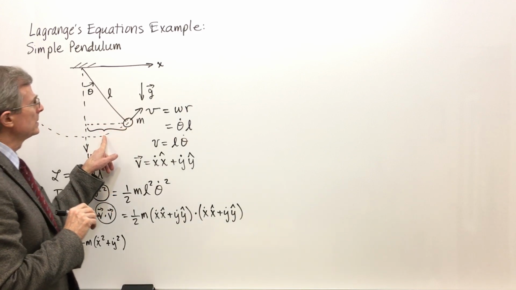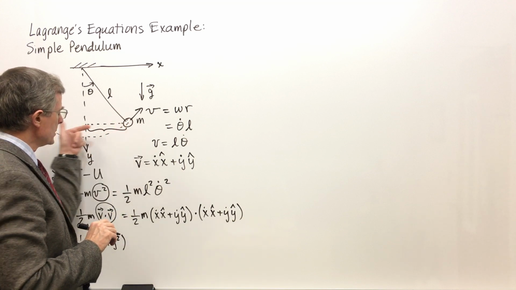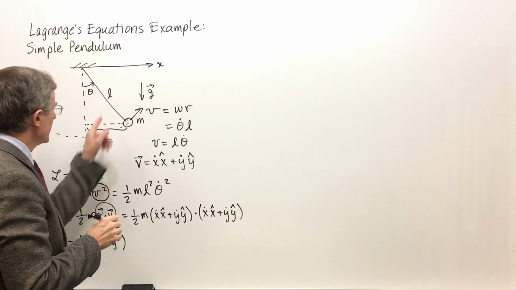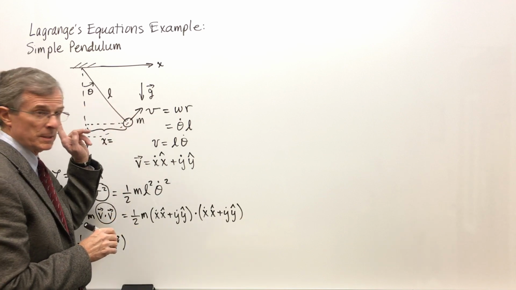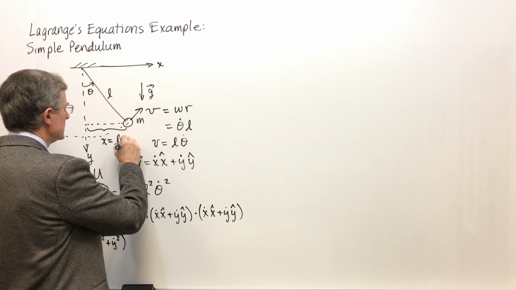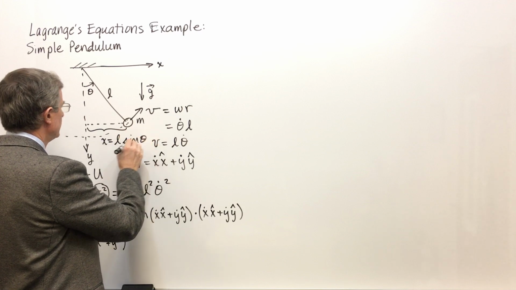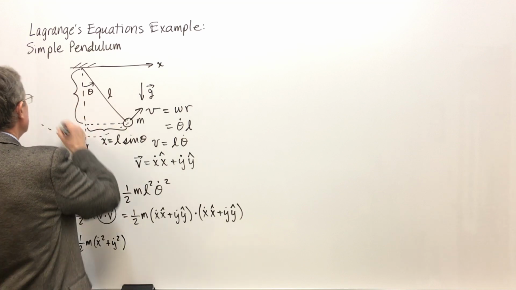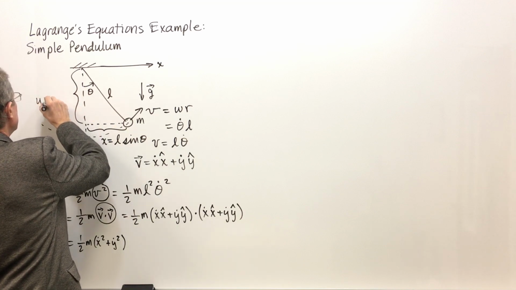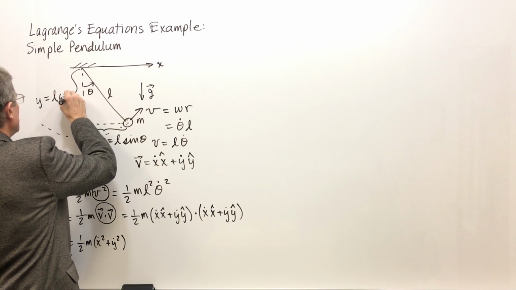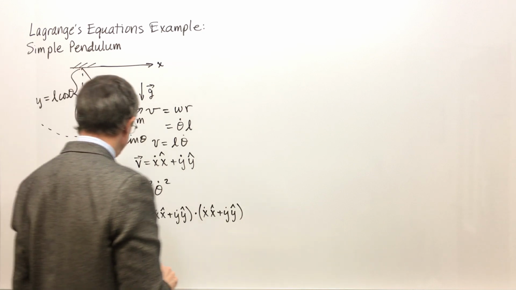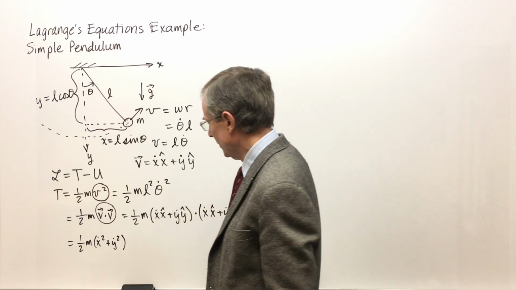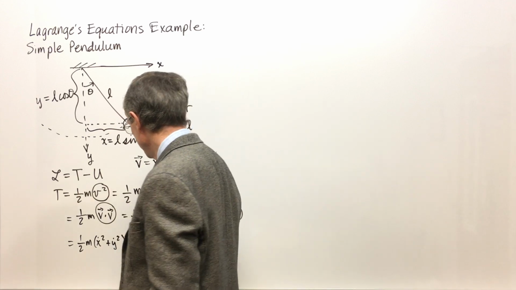This is x, the horizontal displacement of the pendulum bob. Well, x over L is sine of theta, so x is L sine theta. And y is L cosine theta. So now all I have to do is figure out what x dot and y dot are. I told you it was a little bit more work.